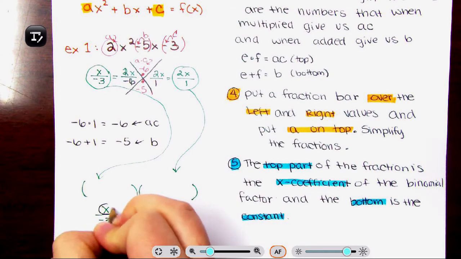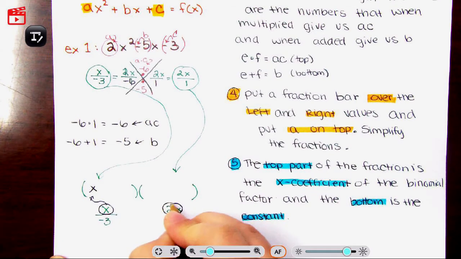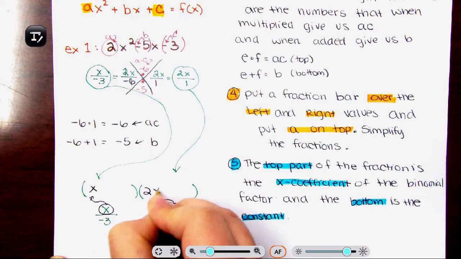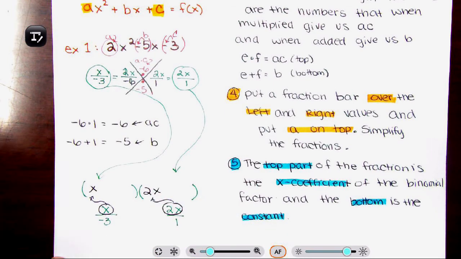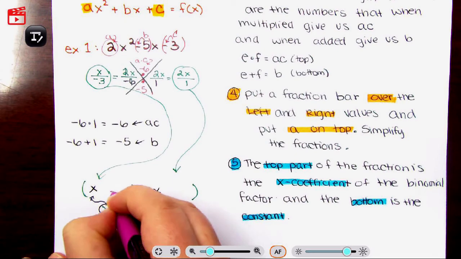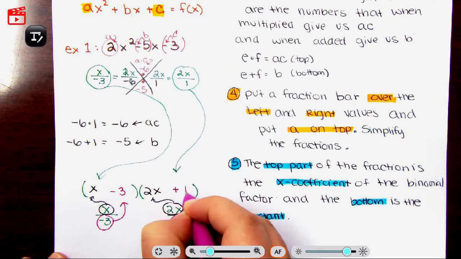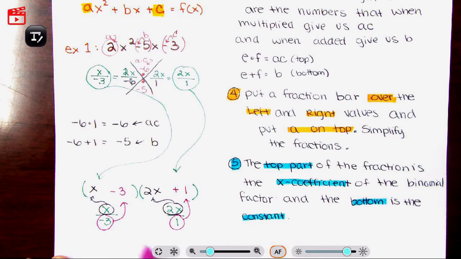The x is your x value, so if I have 2x, that's going to be your 2x. The bottom is going to be your constant. It's going to be a negative 3, and the other bottom is your constant plus 1. And that's going to be your final answer.